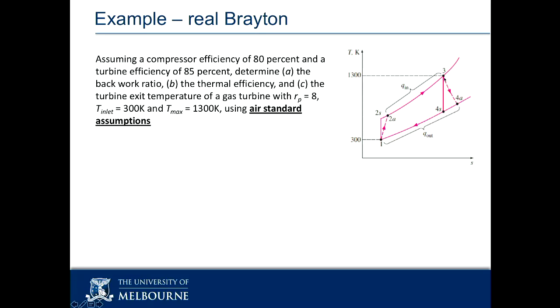If I have a real turbine, it's trying to do some work, but it's fighting against friction and heat transfer. And as a result, the result is not isentropic, the result is a little bit more entropy.